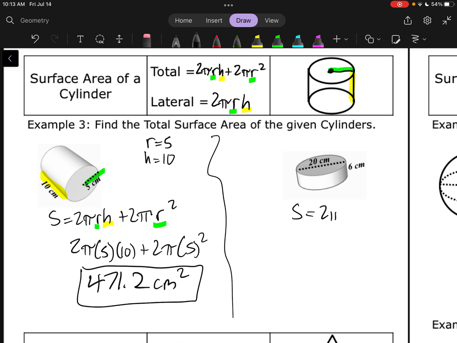Give it one more go here. 2 pi rh plus 2 pi r squared. Our height is 6. Our radius, we're not going to get confused here. Our radius is going to be 10, right? Not the whole 20. So let's plug it in. 2 pi 10 times 6 plus 2 pi 10 squared.